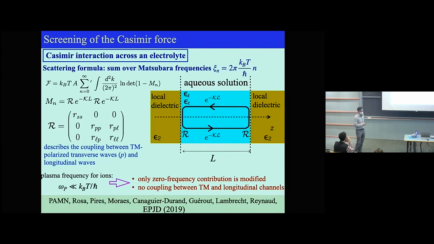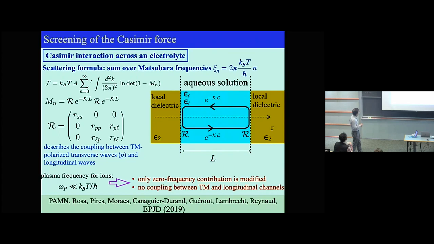And because of this non-locality, this k dependence, I can have longitudinal modes. The non-locality allows for longitudinal modes. So my reflection matrix at this interface now is a 3x3 matrix, because in addition to the two transverse polarization components, I also have the longitudinal one.